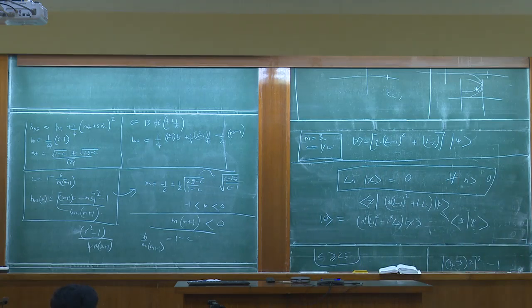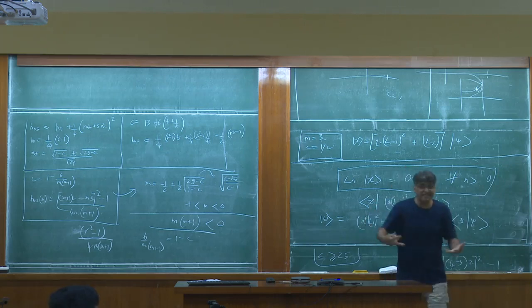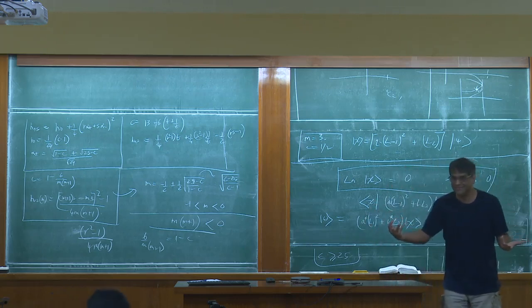So if you have a state that is both a primary and a descendant, then it is necessarily orthogonal to every other descendant of the original primary, including itself. So in particular, it's a null state. This is the basic structure of null states.